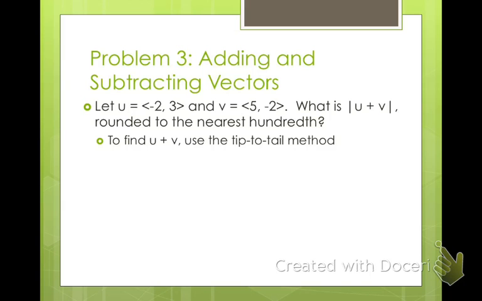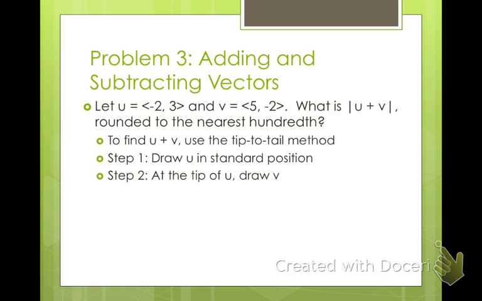So from the end of our first one, u at ⟨-2, 3⟩, then we add v, ⟨5, -2⟩, and see where we end up. So we're going to draw u in standard position, and then at the tip of u, we're going to draw v, and then figure out what the terminal point of u plus v is.